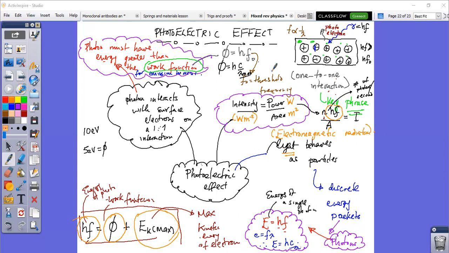What am I trying to find out? Yeah. We're trying to say what will happen to the photoelectrons released when we increase the frequency, but keep the number of photons reaching that surface area a second the same.